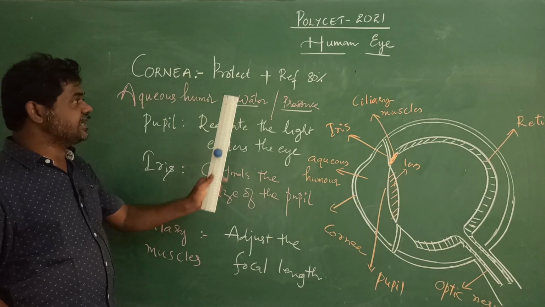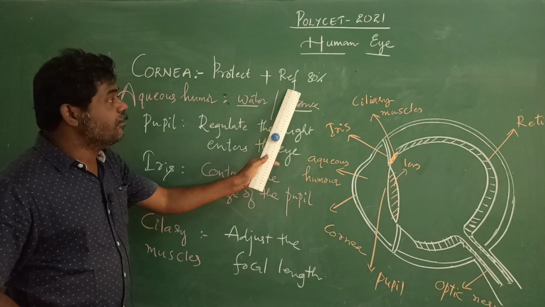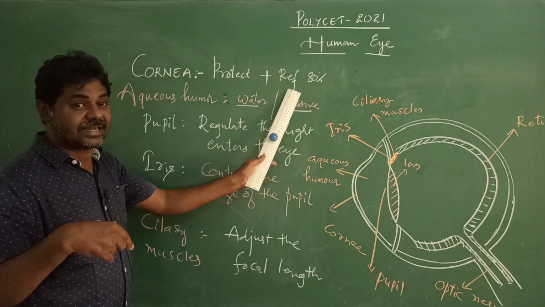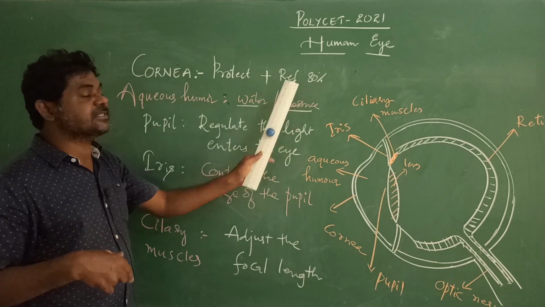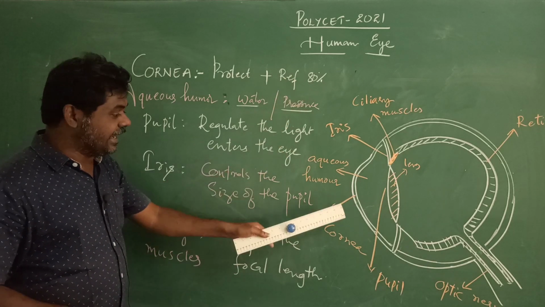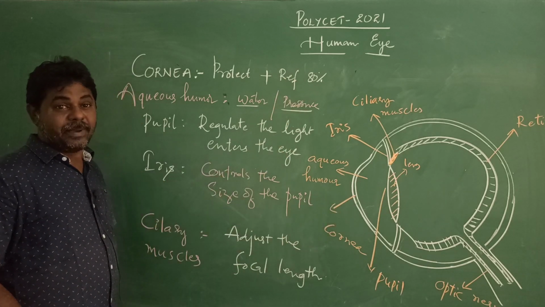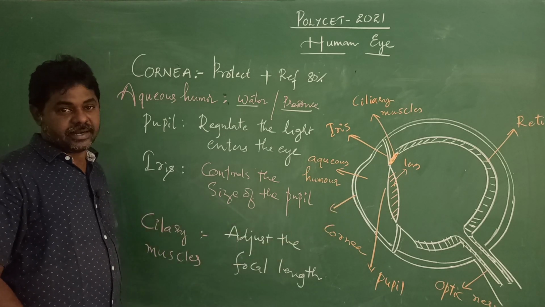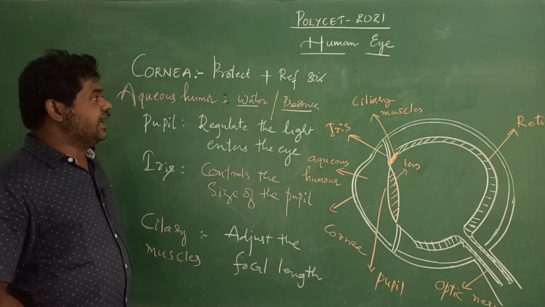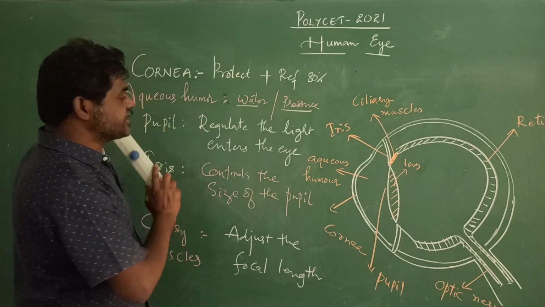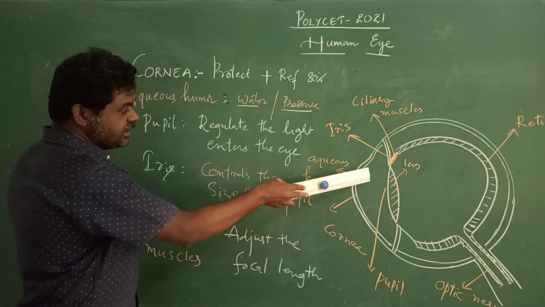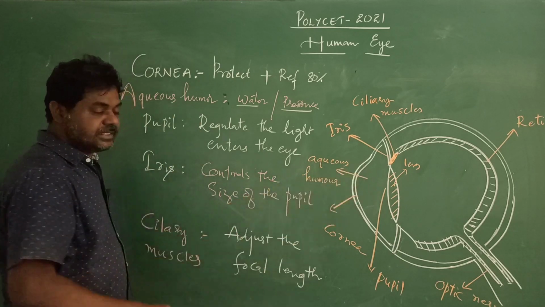That is the first function, and a very important function is that most of the light is going to be refracted, nearly 80% of the light is refracted at the cornea itself. So the maximum duty is done by cornea. Okay, and then aqueous humor. This is the portion where aqueous humor is present.